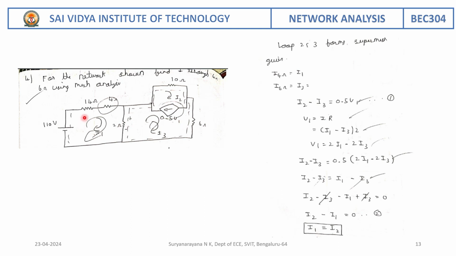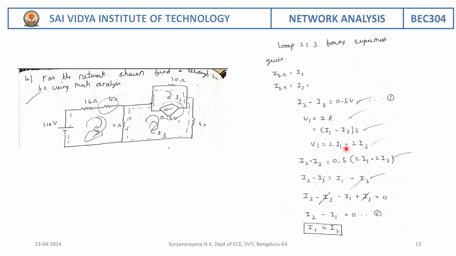So let us consider the currents I1, I2 and I3 as shown. What is the current flowing through 4 ohm? It is I1. What is the current flowing through 6 ohm? It is I3. So on observing this, we can write I2 minus I3 is 0.5 V1.